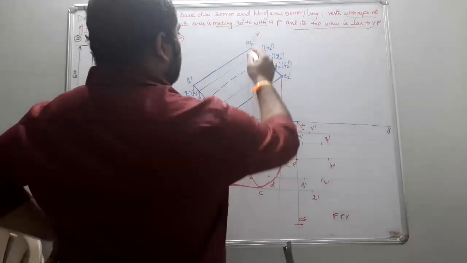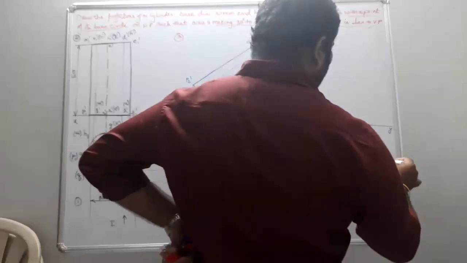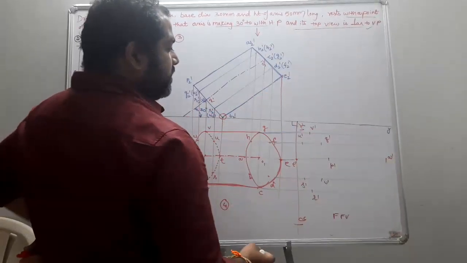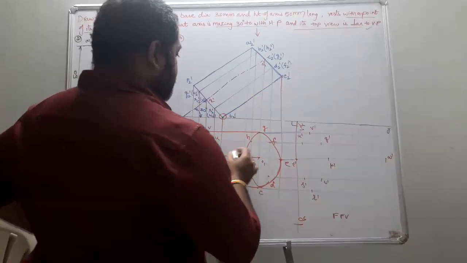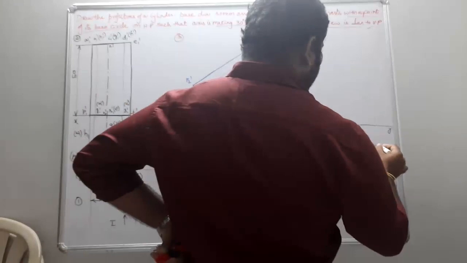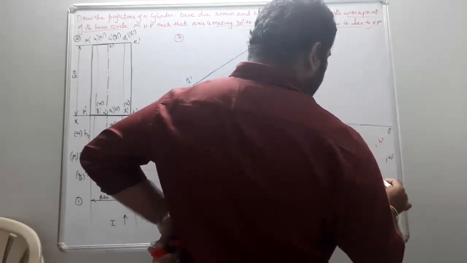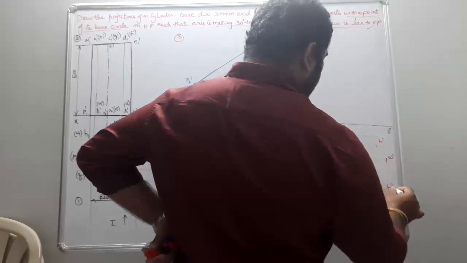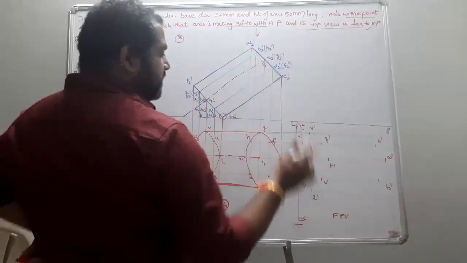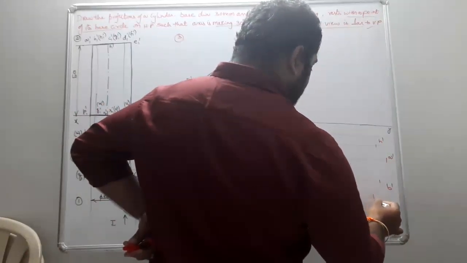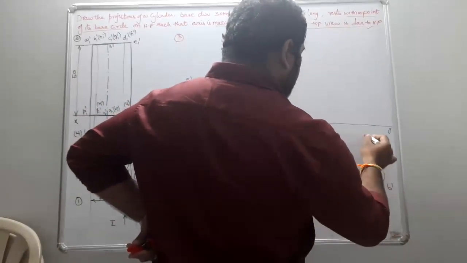A dash, B dash and H dash. Next one is C dash and D dash. C dash.